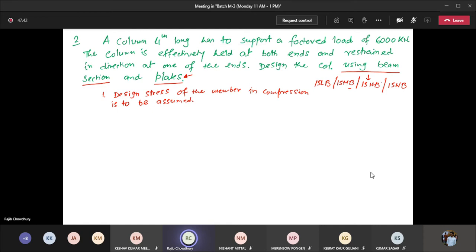Why should it be assumed? Because it depends on the KL by R ratio.